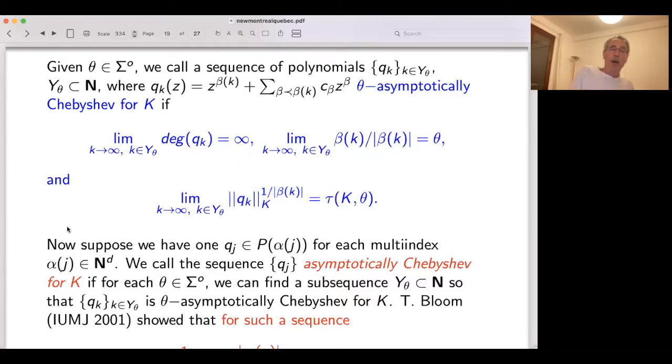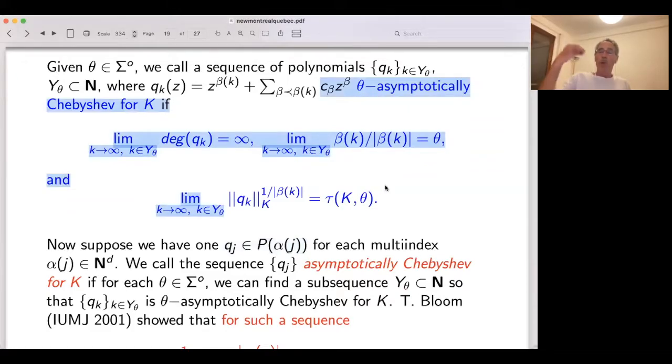Okay, and now suppose we have one polynomial from each of our monic classes, so one polynomial for each associated monomial. Then we'll call this sequence q sub j asymptotically Chebyshev for K, without any extra adjective, if for each theta in sigma naught we can find a subsequence which is theta asymptotically Chebyshev.